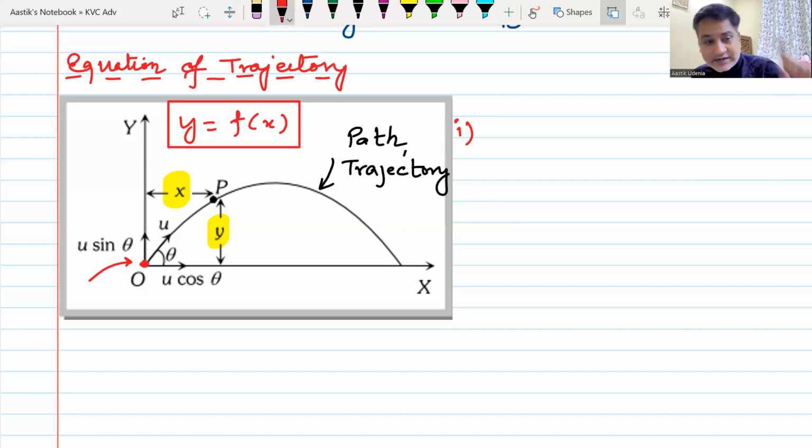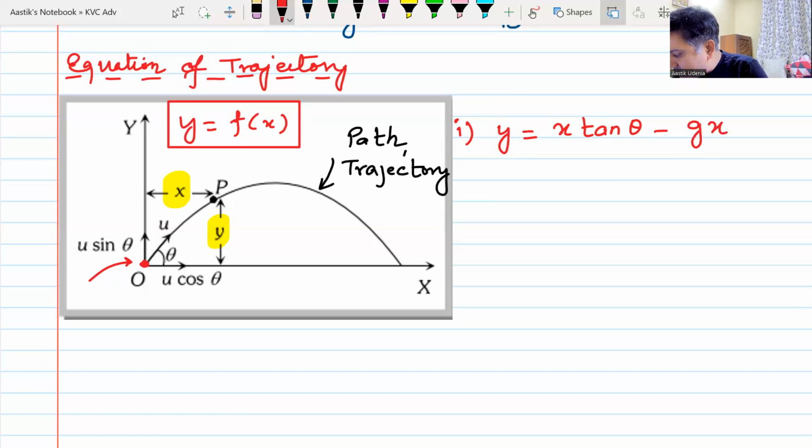So that is the first type of form that we will get: y is equal to x tan theta minus g x square by 2 u square cos square theta. Do we remember this form? Yes, sir.